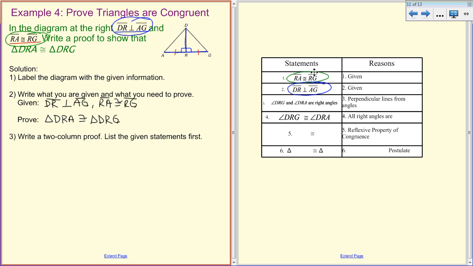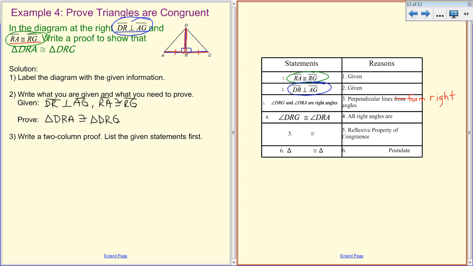So then we start taking a look at this, and what do I know? Well, I know that DRG and DRA are right angles because perpendicular lines form right angles. So that's what I know. That was something I had to conclude.